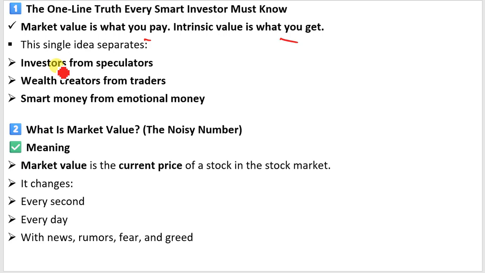It means the value of the company you get after analyzing the company's fundamentals from annual reports and data statistics from the balance sheet, profit and loss account, cash flow, and other parameters, ratio analysis. And market value is where the purchasing and selling of the company's shares prevails. This single idea separates investors from speculators.